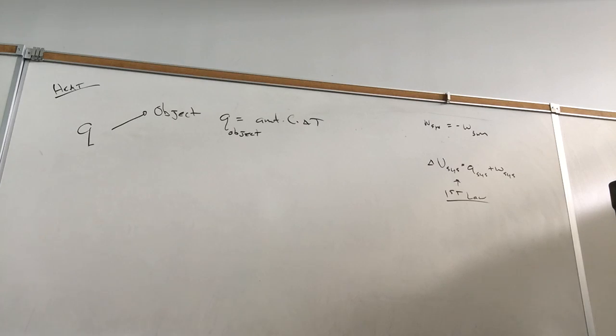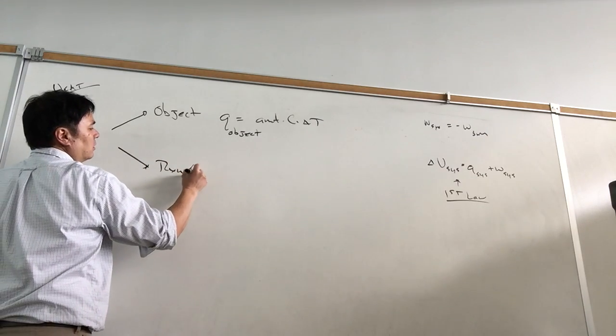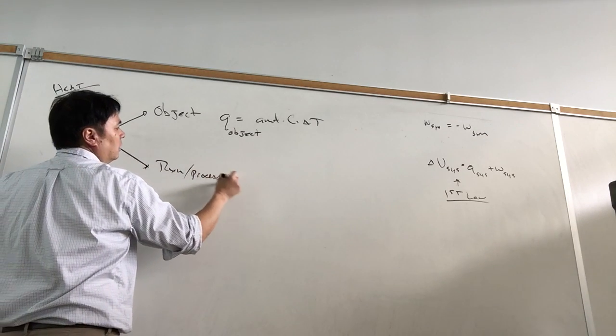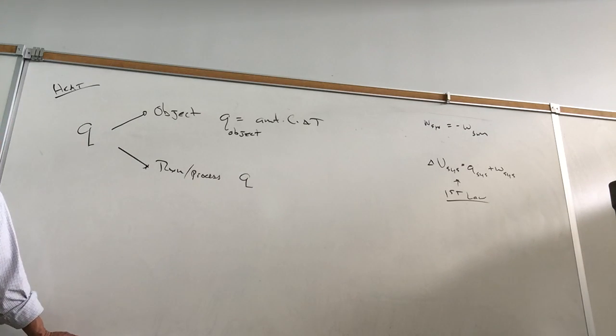Or did heat do anything? When we heated up the KClO3, eventually it went back down to the same temperature. But something happened. And what happened was, in a reaction or process, the heat caused some kind of chemical reaction or chemical change to occur.